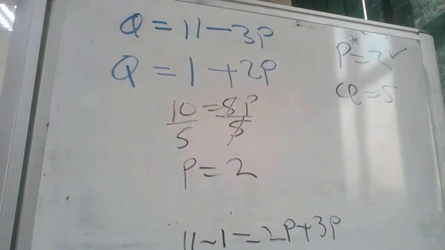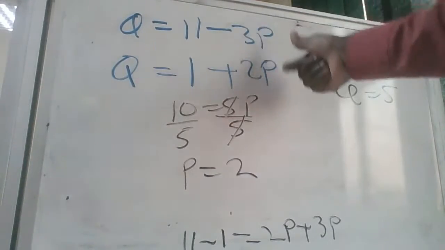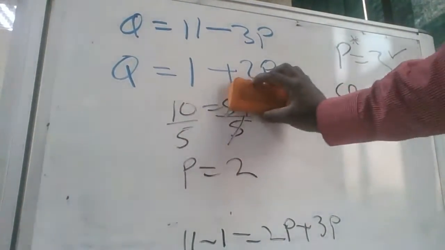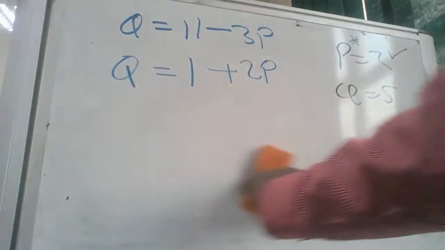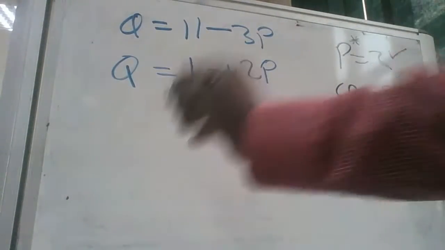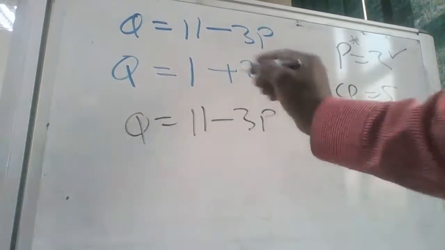To find the equilibrium quantity, we said that you substitute the value of P into either the demand or the supply function. Now let's do that here. We'll first put it in the demand, and then later on put it in the supply and confirm that we'll get the same solution. Let's start with the demand. Q is equal to 11 minus 3P.